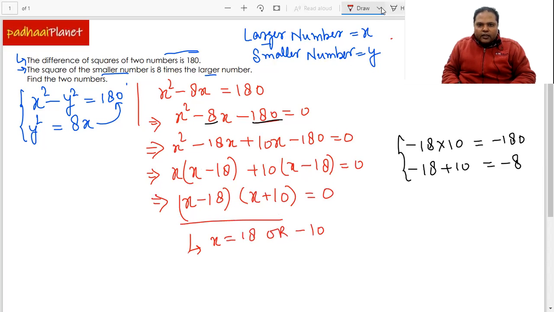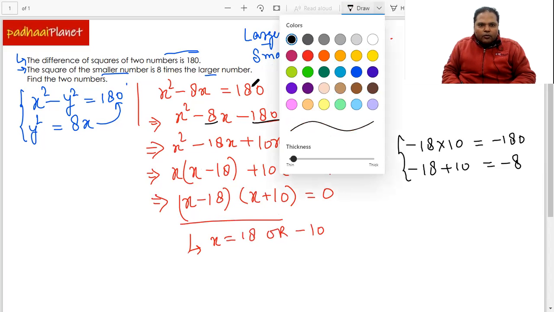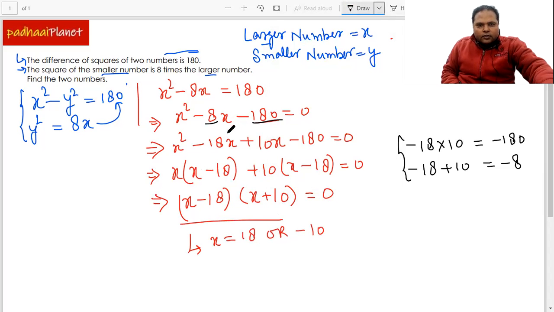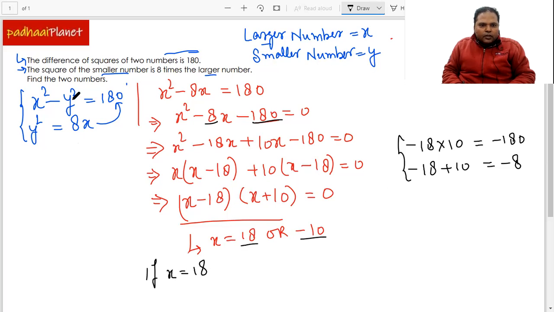Now what is very clear here is we are talking about two numbers, so both of them are valid solutions. If x is equal to 18, then putting the value of x into this equation, y square is equal to 8 multiplied by 18, so that makes it 144.